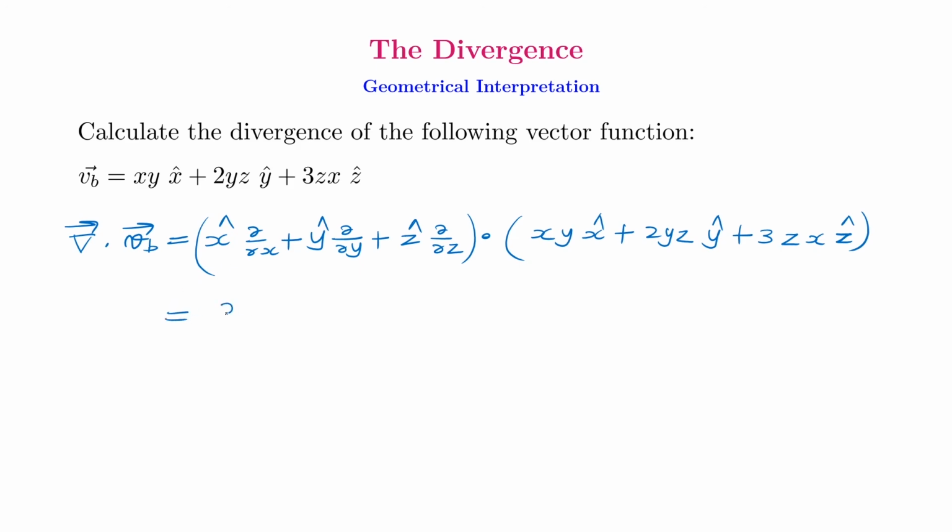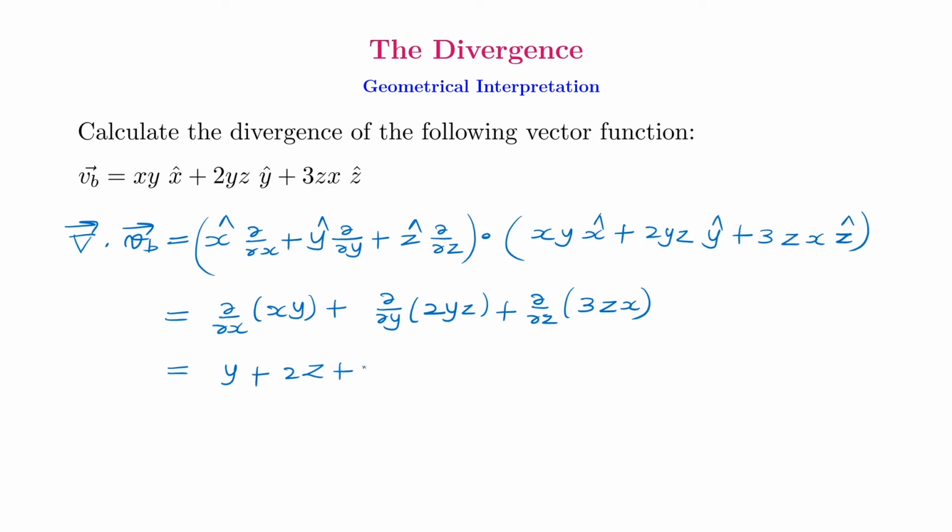This is equal to ∂/∂x of xy plus ∂/∂y of 2yz plus ∂/∂z of 3zx. So this is equal to y plus 2z plus 3x. So the vector function VB has a non-zero divergence.